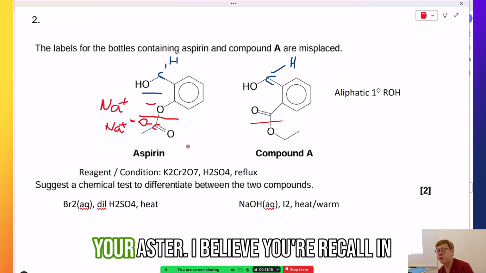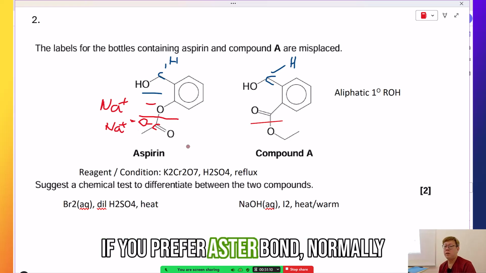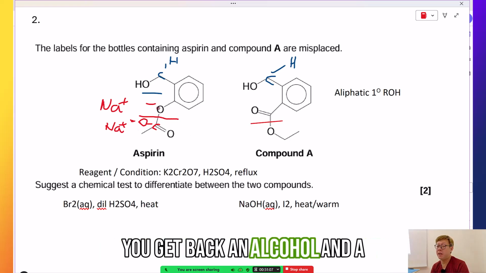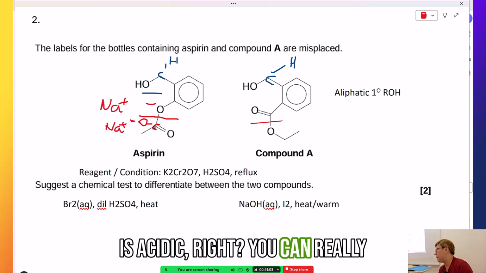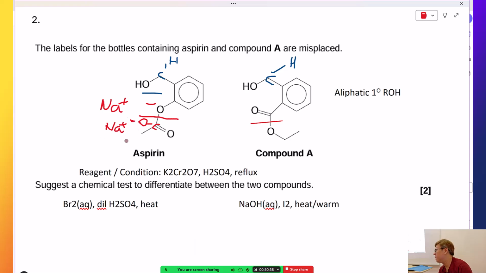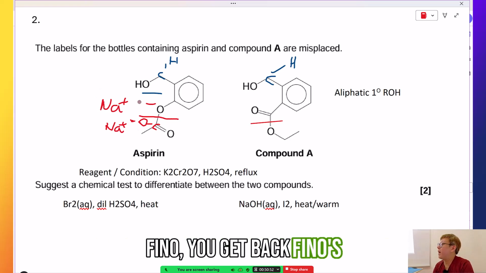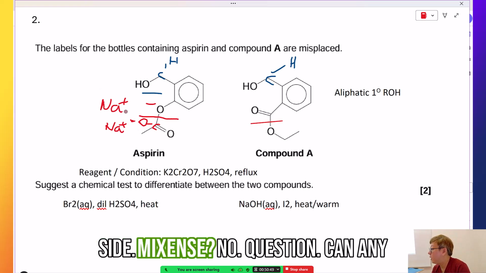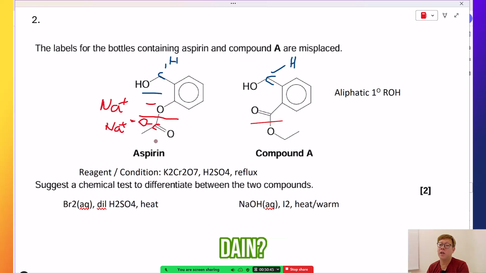Now if you haven't learned your ester, I believe you all recall in your secondary school. You all learn about ester. Now if you cleave an ester bond, normally you get back an alcohol and a carboxylic acid. Agree? But carboxylic acid is acidic, right? It can react with sodium hydroxide. That's why you get a carboxylate. Phenol is also acidic. That's why instead of getting phenol, you get back phenoxide. Make sense? Now, question. Can any of this compound undergo triiodomethane?